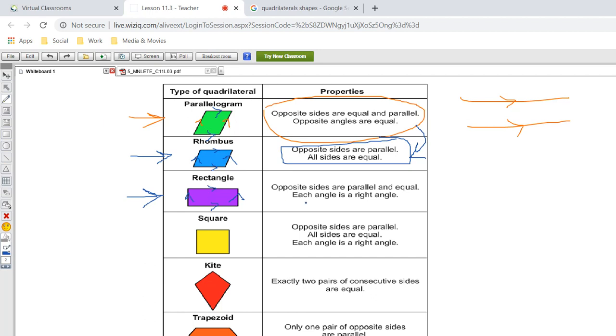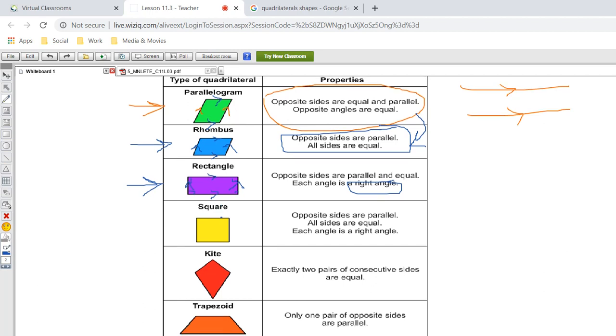Each two opposite sides are parallel and each two opposite sides are equal in length, and it has right angles. So all its angles are right angles. The next one, square. Here we have opposite sides parallel, all sides equal in length, and each angle is a right angle.